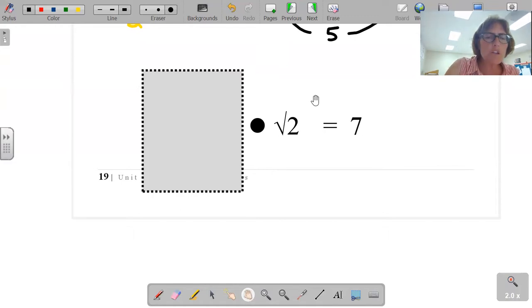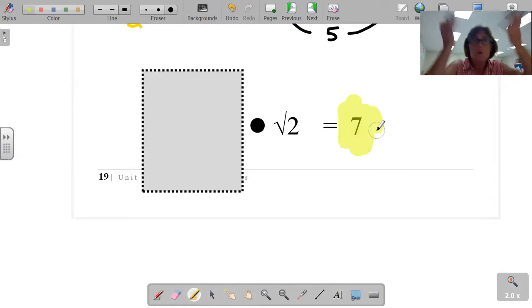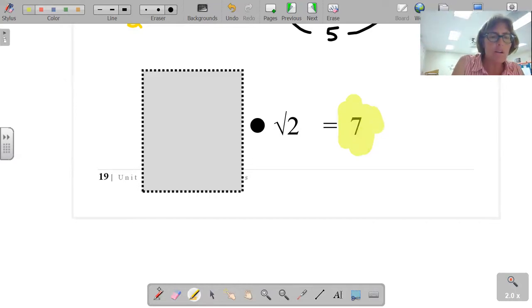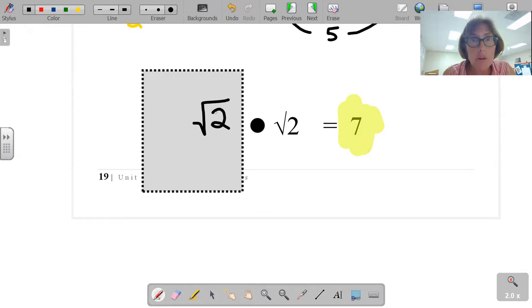What's really important is you don't try to solve this all in one step. You know at least this. If there's no radical over here, somehow we just kissed it goodbye and made it go away. How did we do that? Well, we start with root 2 and we multiply by another root 2, because root 2 times root 2 will give us 2. And now you ask yourself, what could I do to the 2 to get it down to a 1?